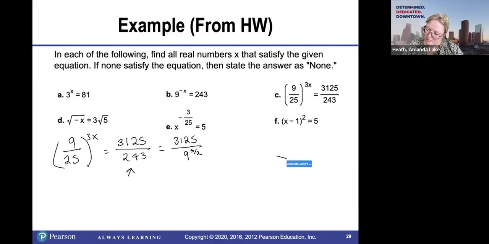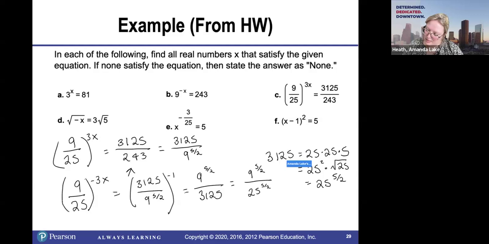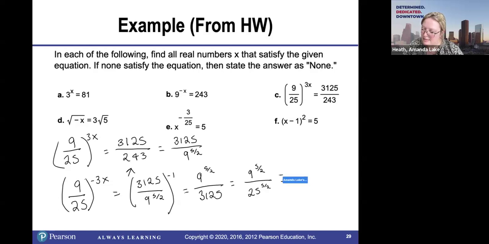I can take that exponent out because of the multiplicative property: (9/25)^(5/2).